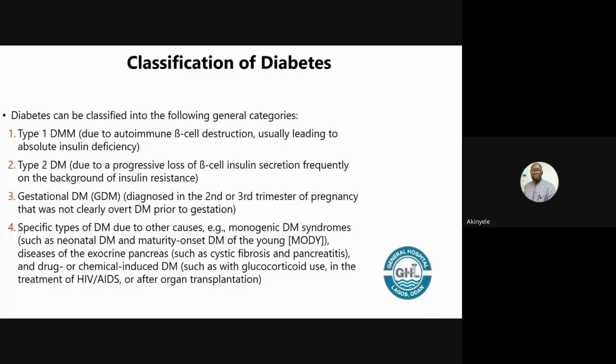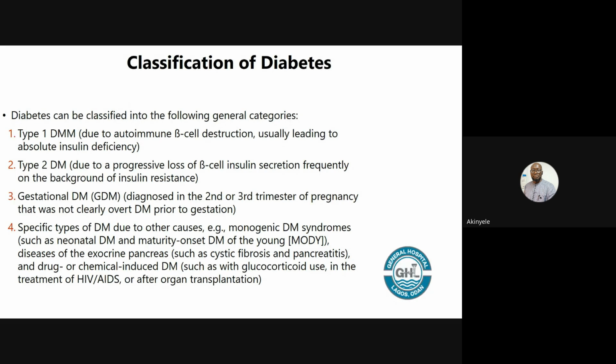So diabetes can also be caused by some other specific problems. For example, it could be genetic, and that's when you have some conditions that we call maturity onset diabetes of the young. It can also be seen in neonatal diabetes. People who have diseases of the exocrine pancreas, for example, chronic pancreatitis, cystic fibrosis, can also develop hyperglycemia and, in effect, diabetes mellitus.